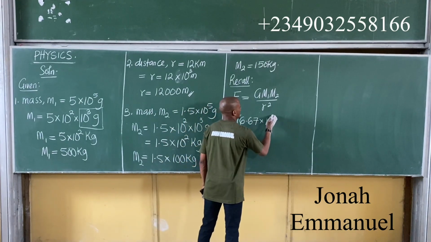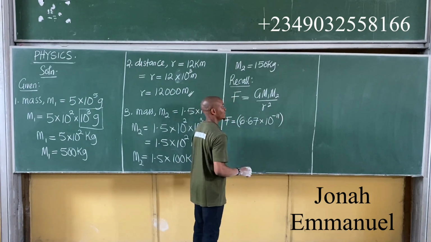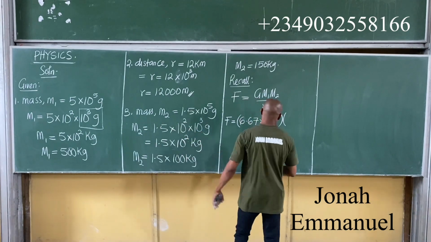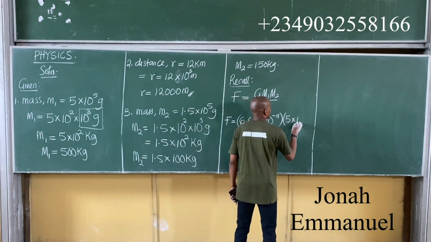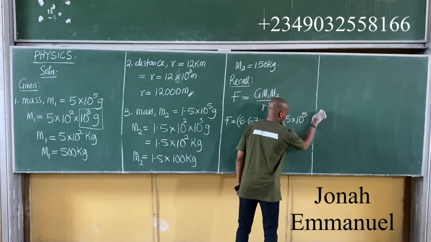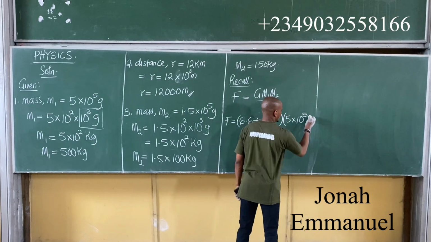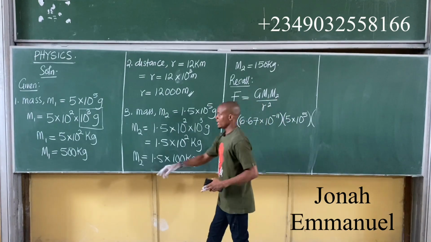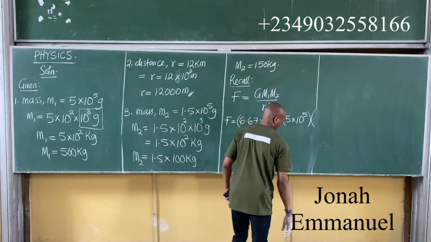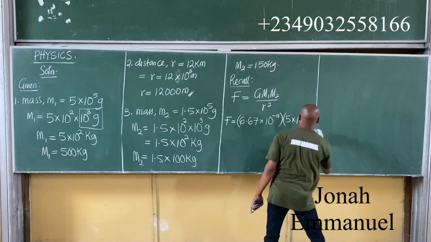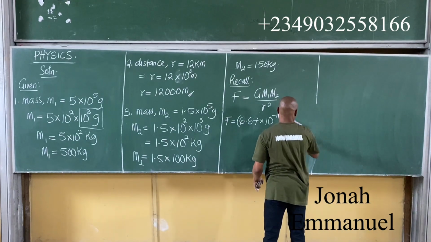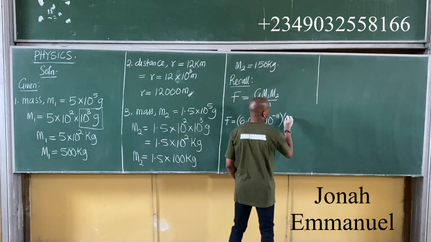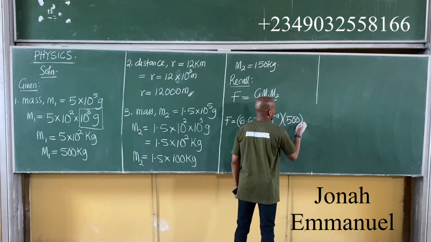6.67 times 10 to the power minus 11, which is a constant, times M1. M1 is what? That one there. Sorry, M1 is this, so M1, what I have there is 500.